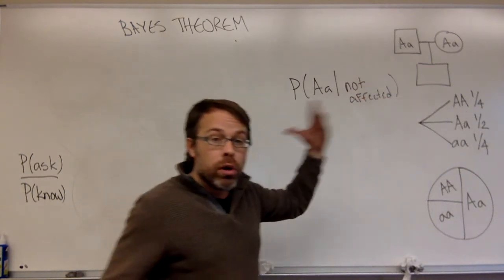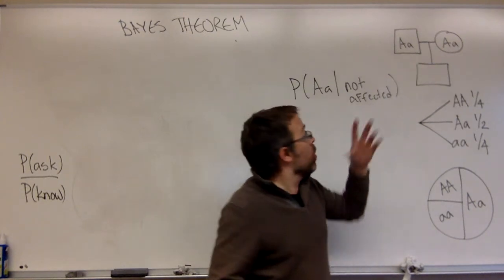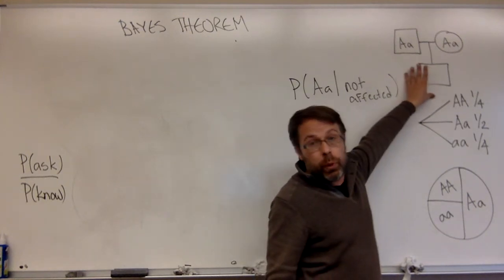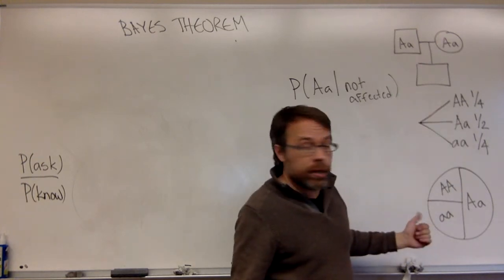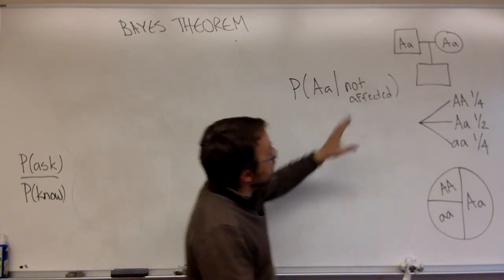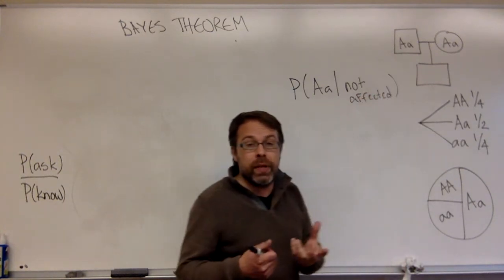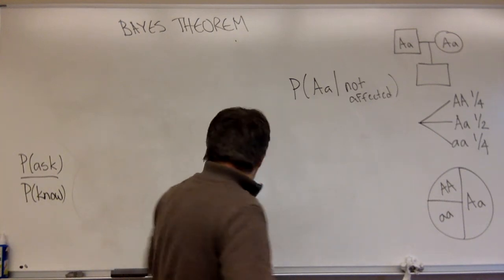Okay, so before we knew anything about this individual's phenotype, like before this individual was born, we would have these probabilities, right? Could be big A, big A, could be little a, little a. But when this individual is born and we observe their phenotype, now we can update our probabilities with our new information.